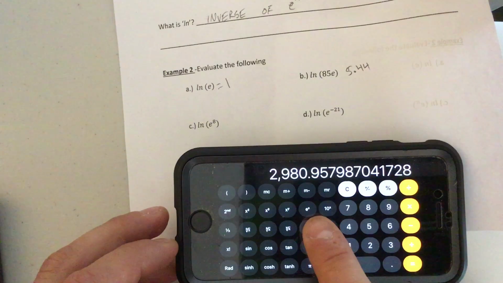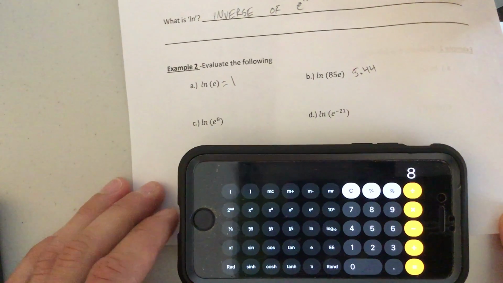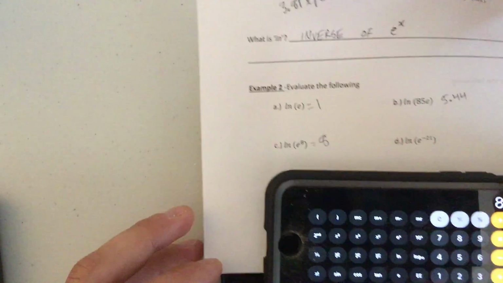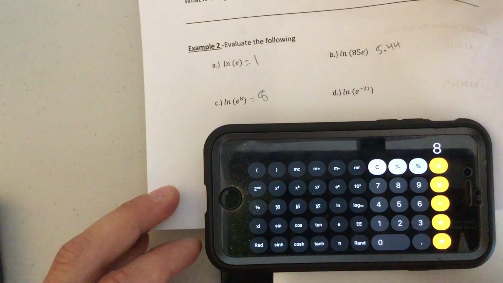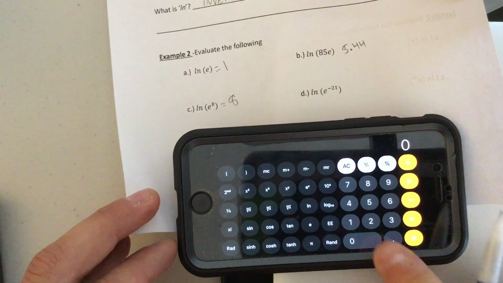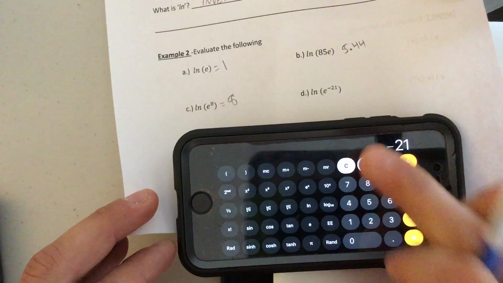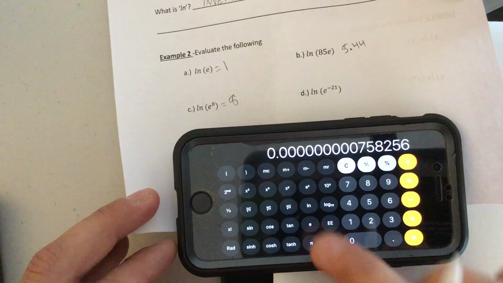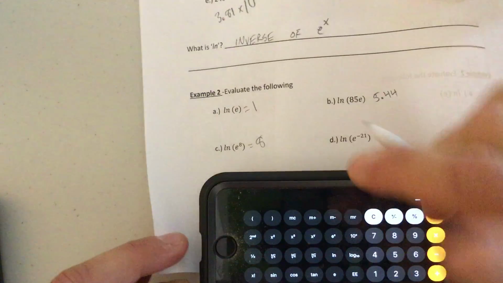Then take the natural log of that. Notice they cancel each other out. We're back to 8. Letter D, natural log of e to the negative 21st power. So negative 21, e to the x, and then take the natural log of that. Back to negative 21.